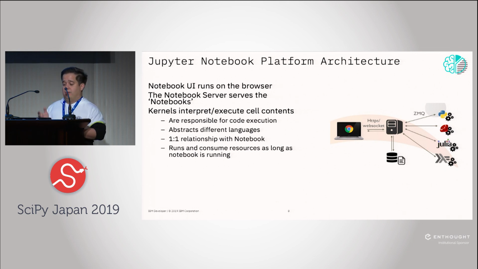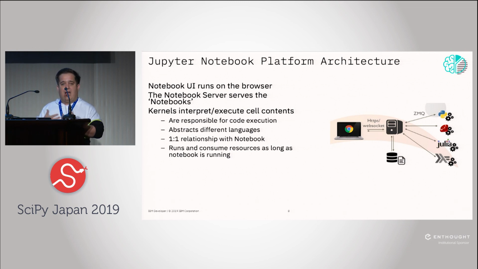What is good to know about the architecture behind Jupyter is a couple of things that I want to make sure everybody understands, because this is going to be touched on in the next slides. In the notebook, the browser is mostly the UI that is served from a notebook server. And then when you start a notebook, there is a kernel that is associated and started for you as well.